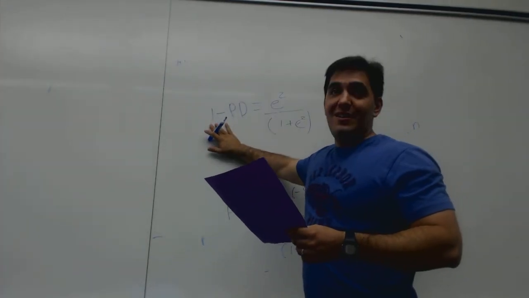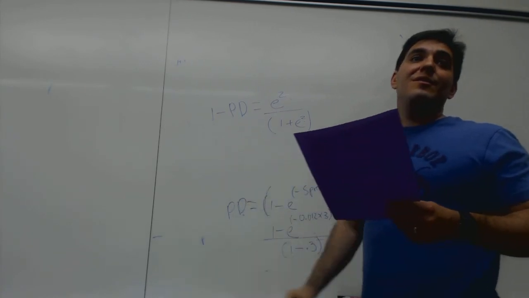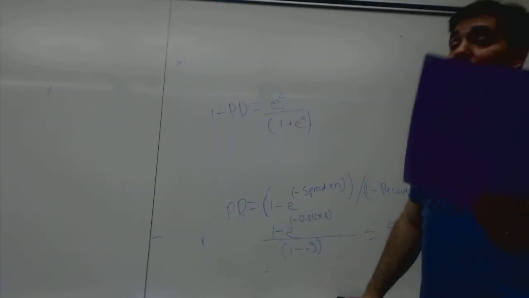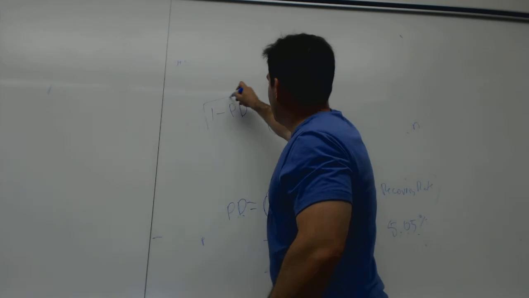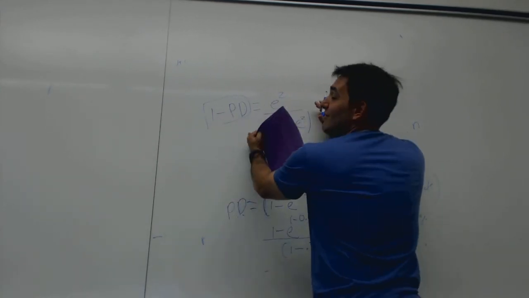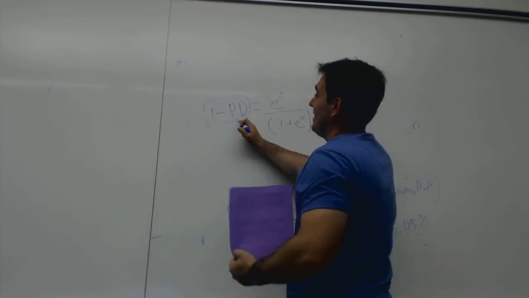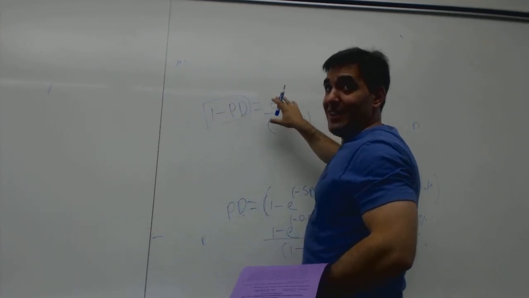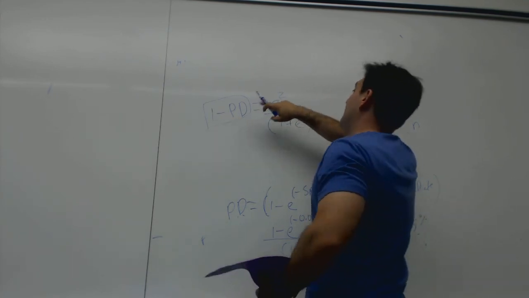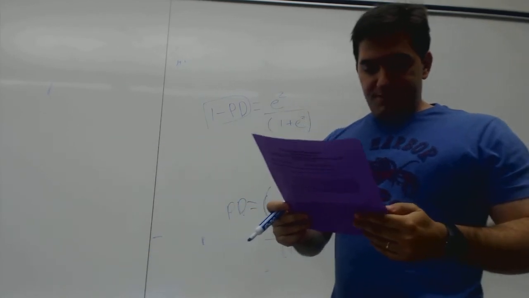Remember that 1 minus probability of default is survival. So the formula is giving you survival. But if you then take what you got here and say 1 minus this equals PD, you get the probability of default.